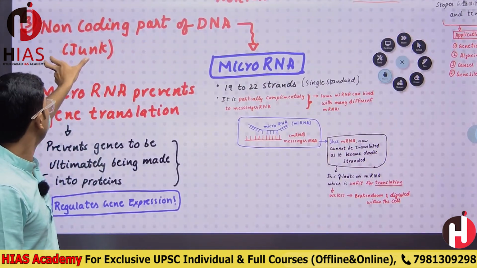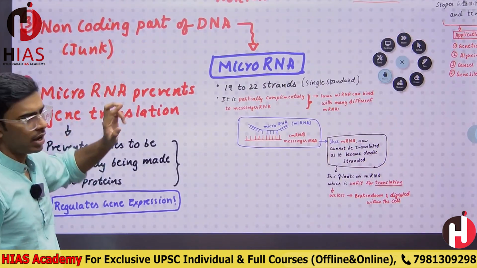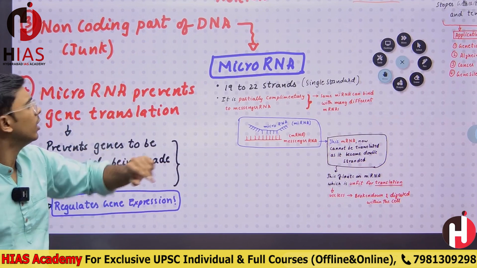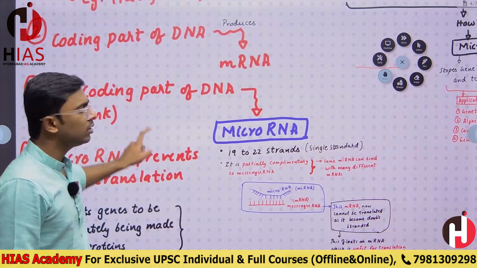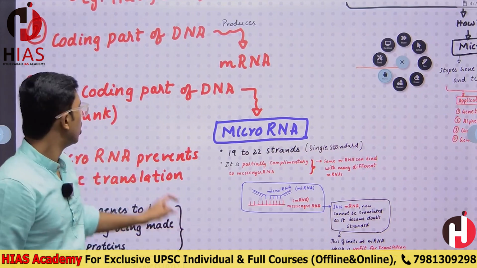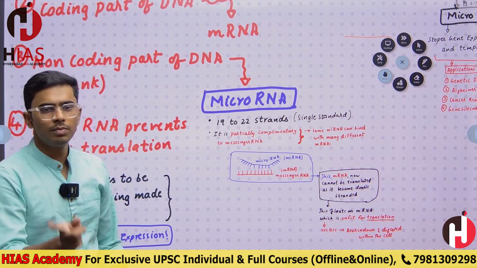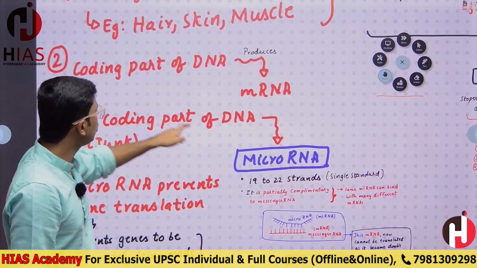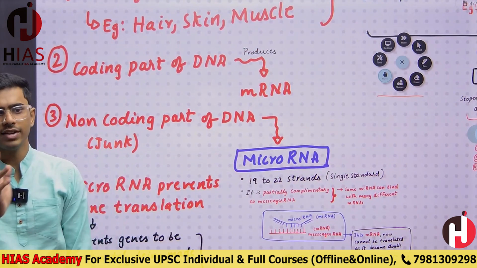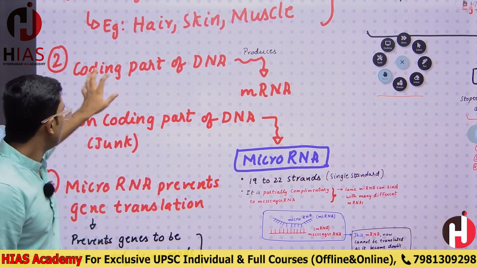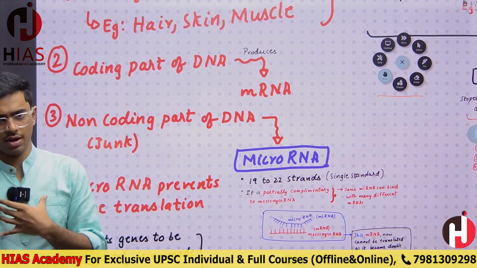Non-coding part of DNA. This is junk DNA, right? Again, for simplicity, it's called junk DNA. Now, the first fundamental difference: the non-coding part produces microRNA. Now you might ask, sir, this is a misnomer, because this is also getting coded. In some way it's getting coded. So coding and non-coding is for us to understand.